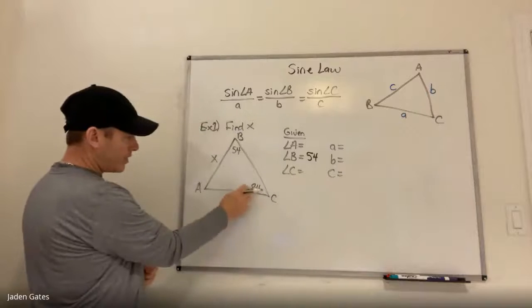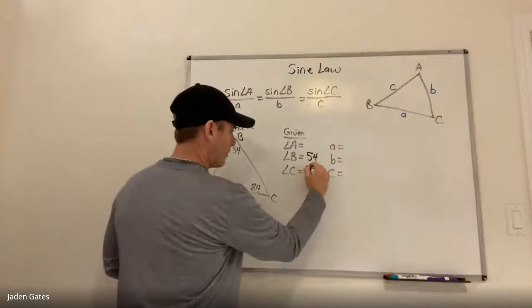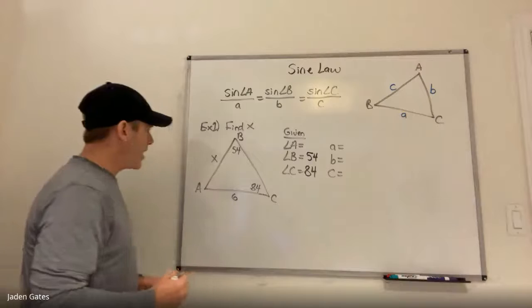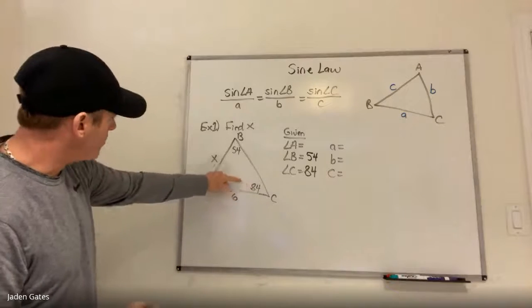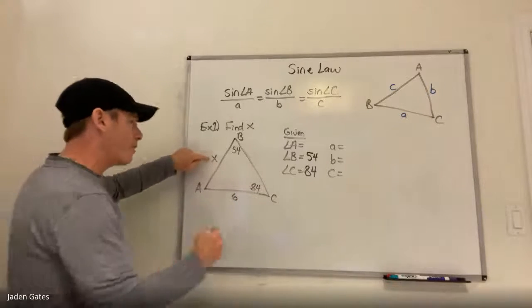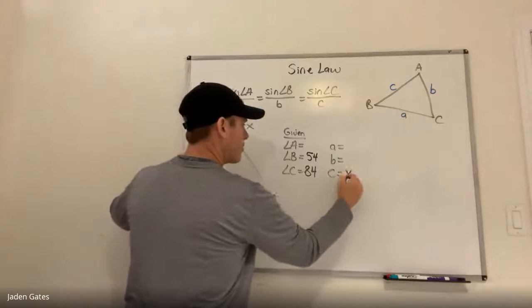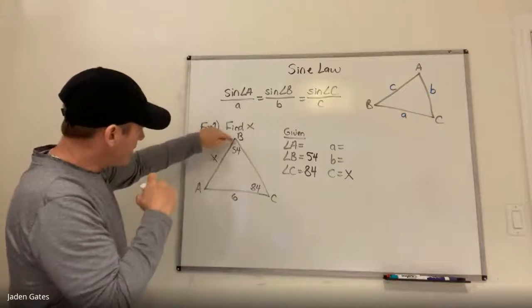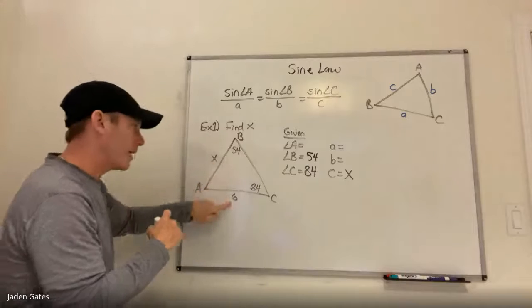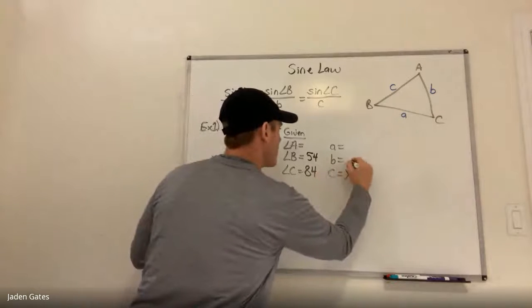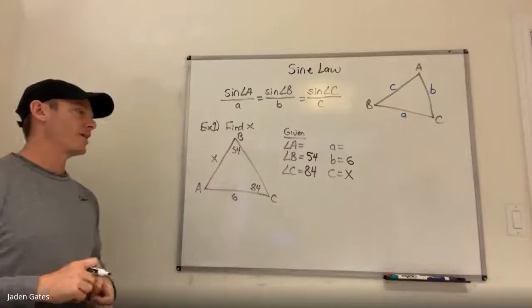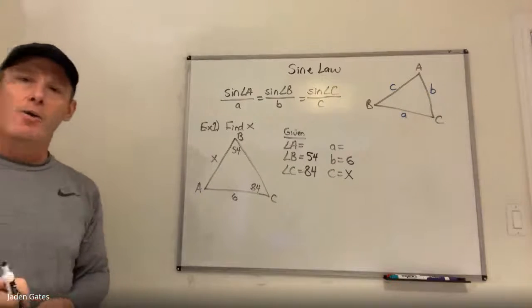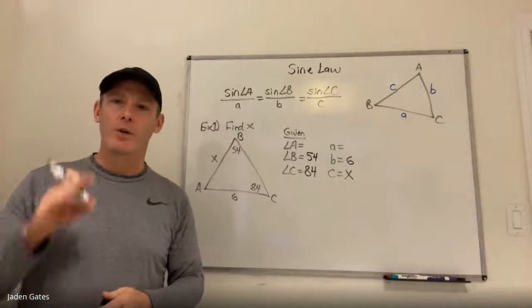Angle C is 84. Now the side across from angle C is X, so that would be side C. So we'll put an X there. Across from angle B is 6, so side B is 6.